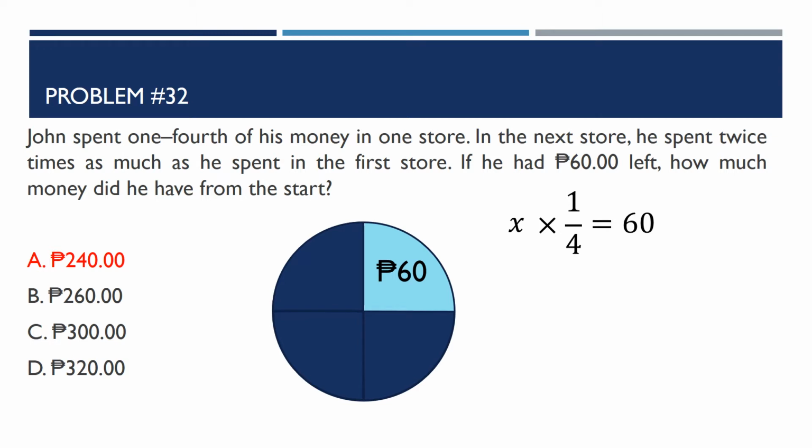The counterpart of times is division. So it will be 60 divided by 1/4. Following the rule for dividing fractions, we change the operation to times and we get the reciprocal of the fraction at the right. And so we multiply 60 times 4, which is 240. That's why we have an answer of 240.